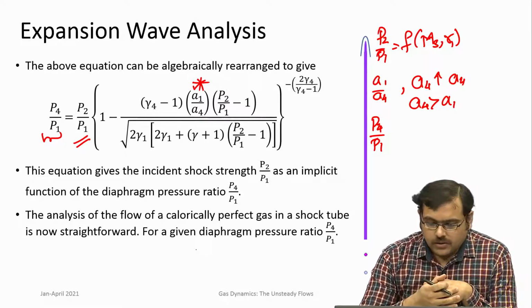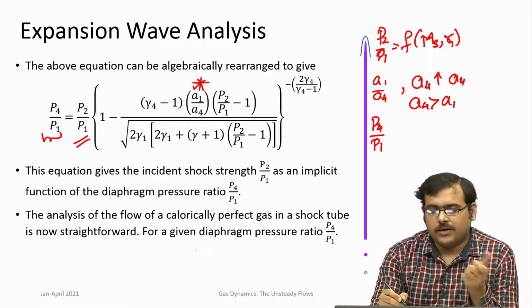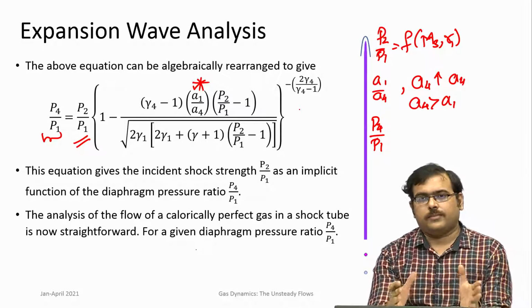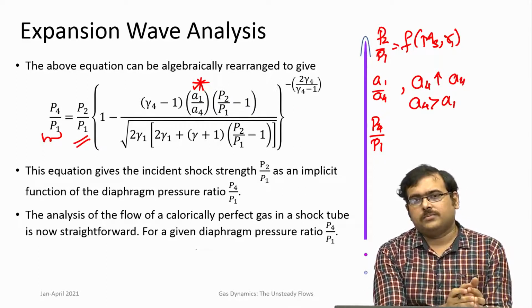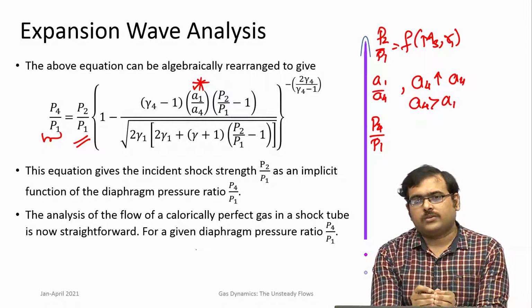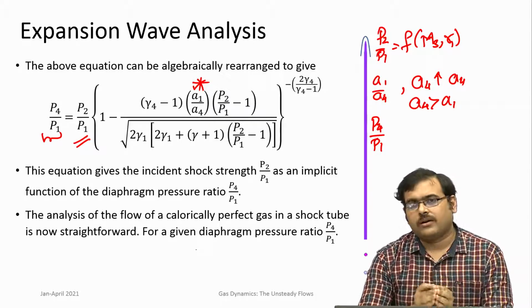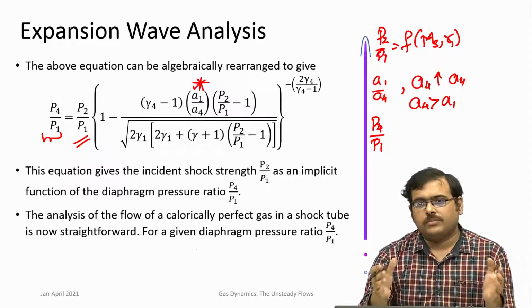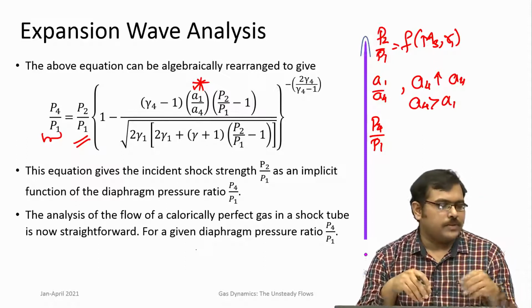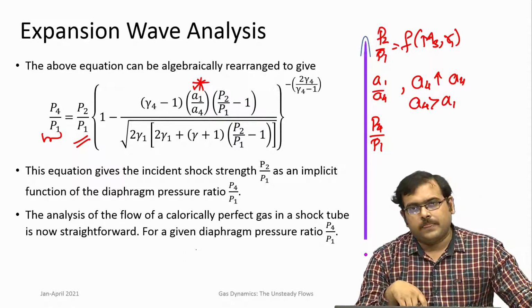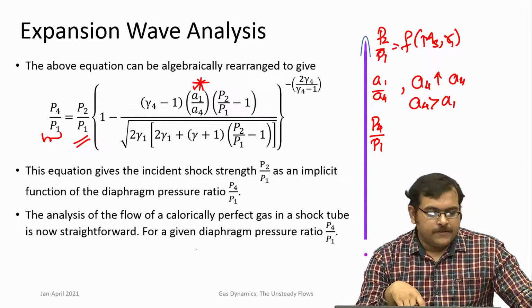So this gives you what we want, basically a relationship that tells us, if we know the strength of shock that we require for our application, what the pressure ratio across the shock tube should be.